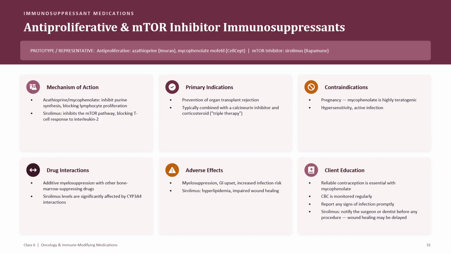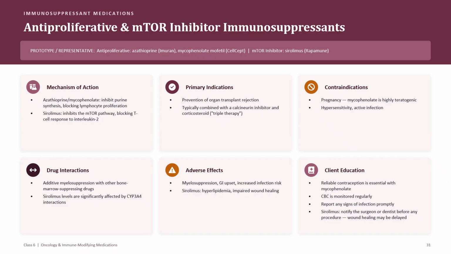Lower doses of three different medications, each blocking a different step, cause less toxicity overall than trying to push one single medication hard enough to do that entire job by itself. It's basically the pharmacologic equivalent of building a fence with several shorter sections instead of one impossibly tall wall.